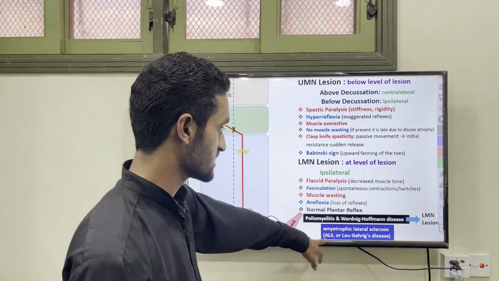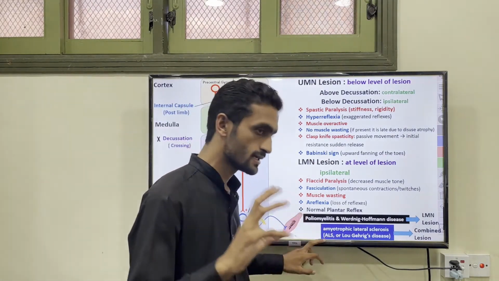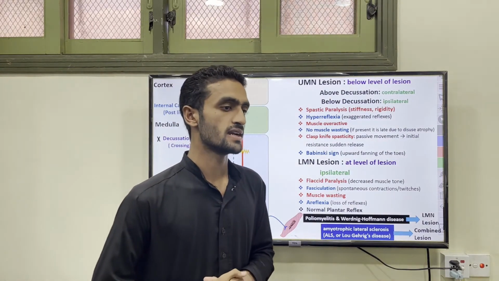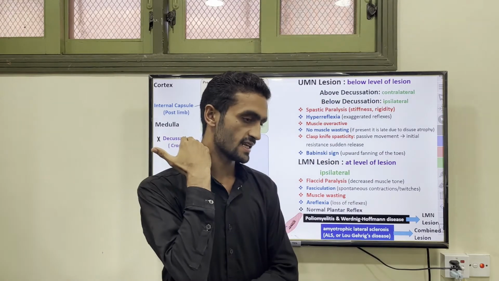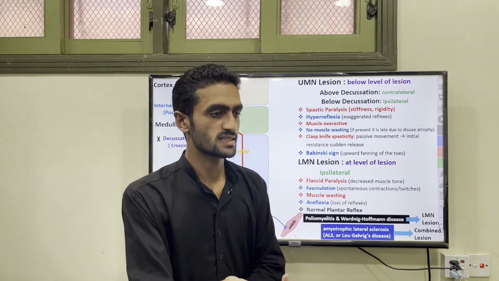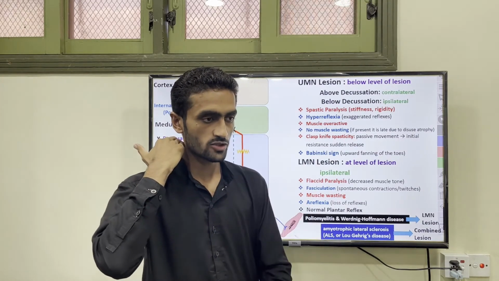This is another example, in which you find both types of lesion combined. For example, if the lesion is at the C5 level, associated with your biceps muscle, there are some findings at the level and some findings below the level.